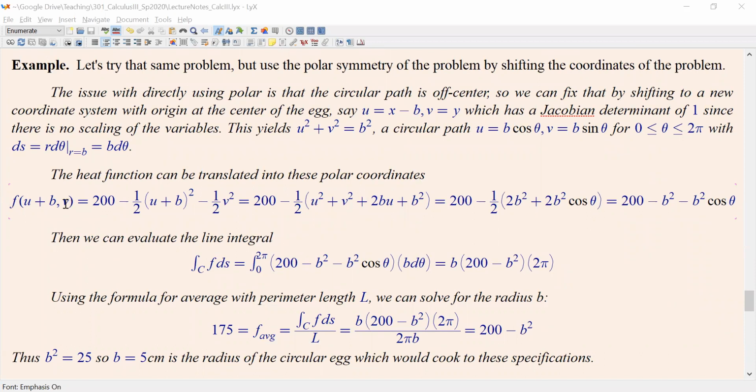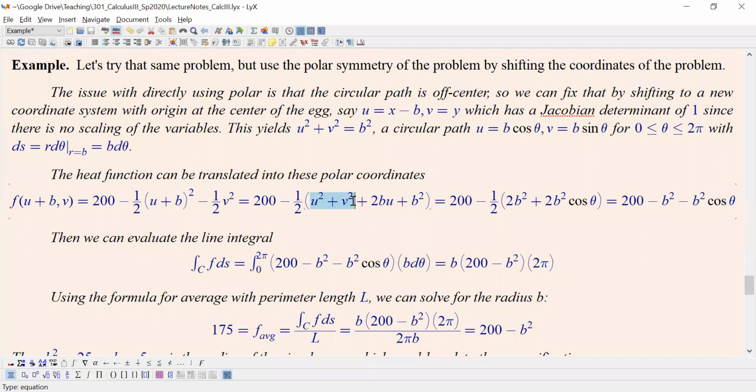Diving into that heat function, I plug in u plus b. Looks very similar to what we had before, except now it has a u instead of the cosine function. We end up with a u squared plus v squared, but we know that it is equal to b squared. We're on this circle of radius b.